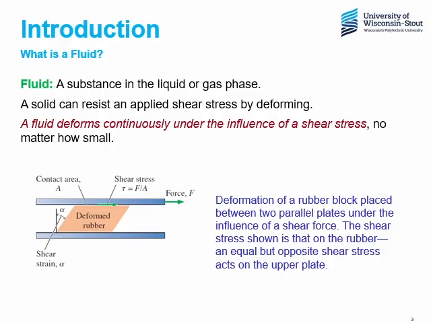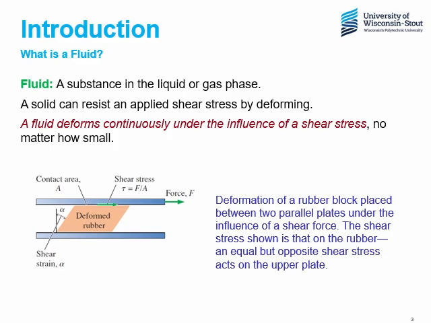What is a fluid anyway? A fluid is any substance in the liquid or gas phase. Here's the key difference between solids and fluids. A solid can resist an applied force by deforming slightly and holding that shape. A fluid is different.